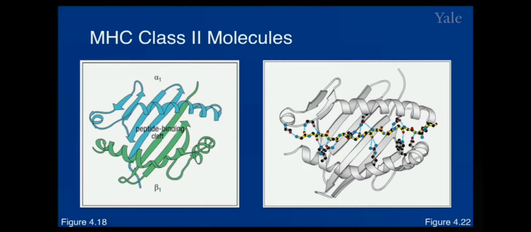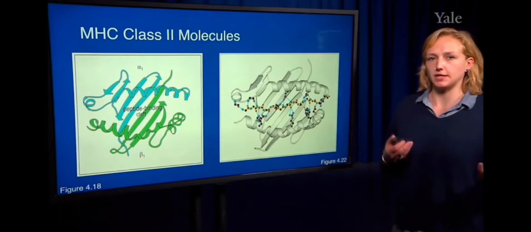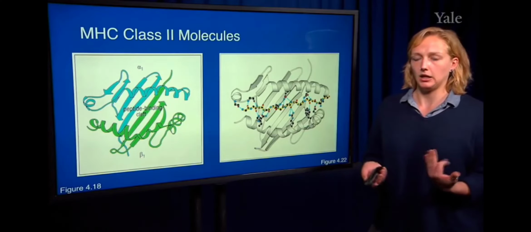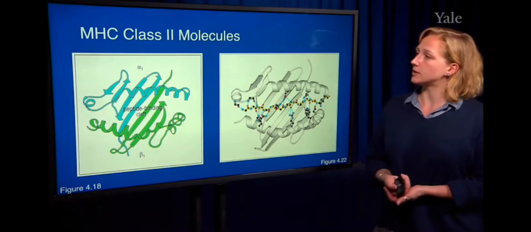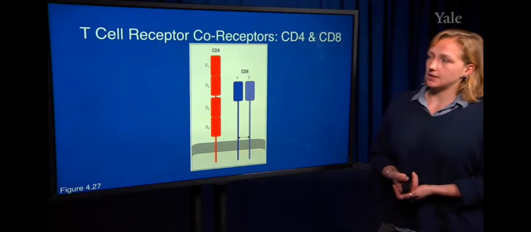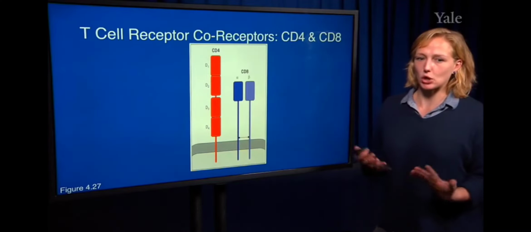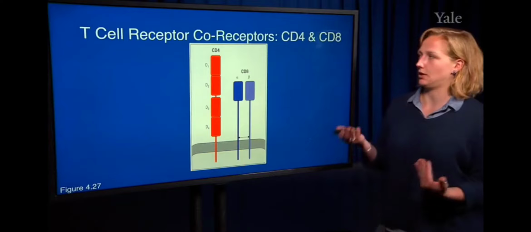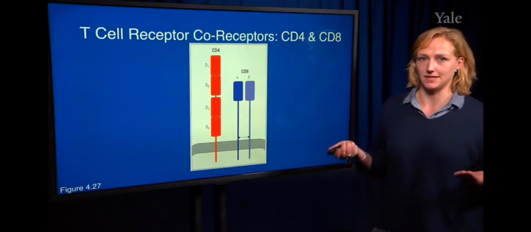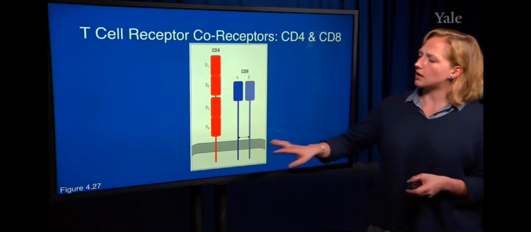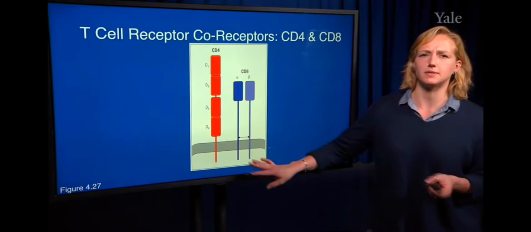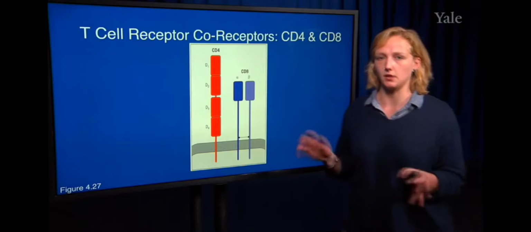Now, I was mentioning CD4 and CD8 positive T cells, but what does this mean in actuality? So T cell receptors have co-receptors, and these co-receptors are called CD4 or CD8 receptors. Although it's seen here to be on the same cell, they're never expressed on the same cell once these cells leave the thymus.